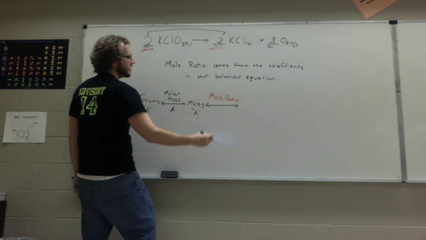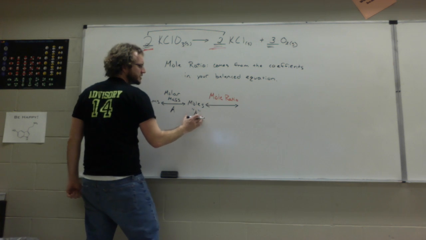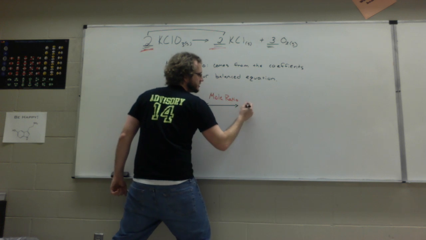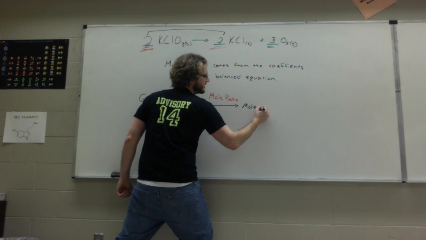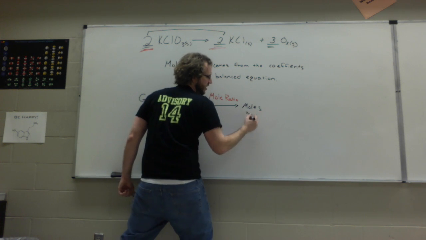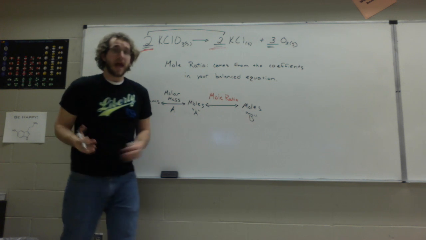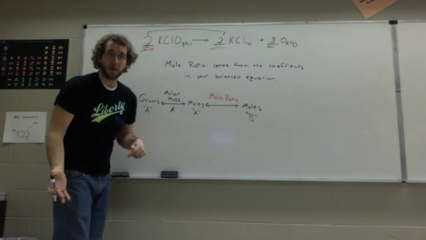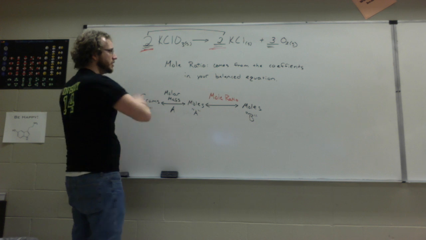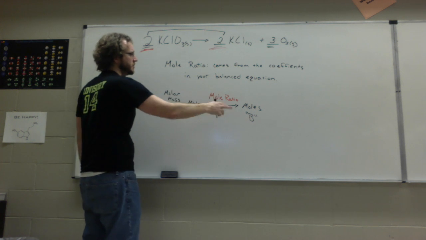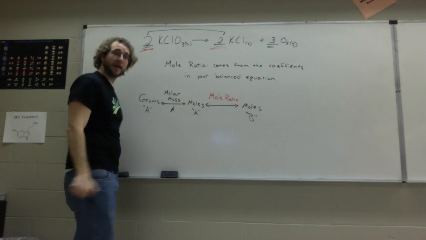What's nice, however, is that the mole ratio will allow us to go from moles of some substance to moles of a different substance. I'm going to just call it generic moles of B, moles of something else, whatever the question might ask. We can use this moles A to moles B mole ratio to solve whatever we might need to.